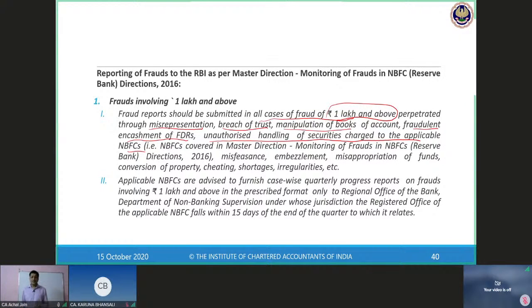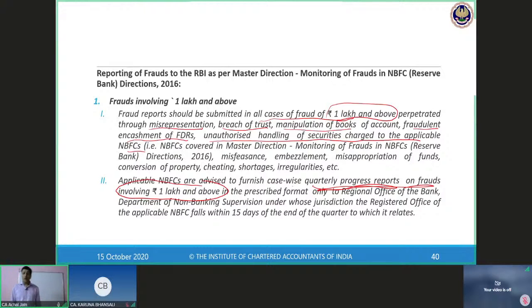Applicable NBFCs means the NBFCs which are covered are advised to furnish case-wise quarterly progress reports on frauds involving rupees 1 lakh and above. So they will be required to furnish quarterly progress reports. Okay, which are involving rupees 1 lakh and above.